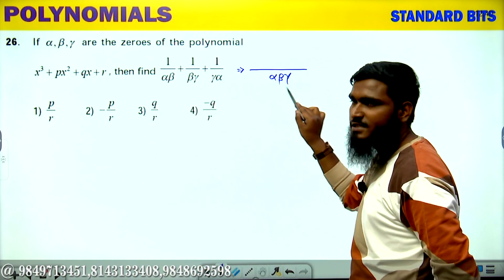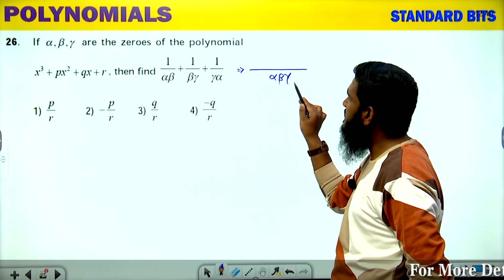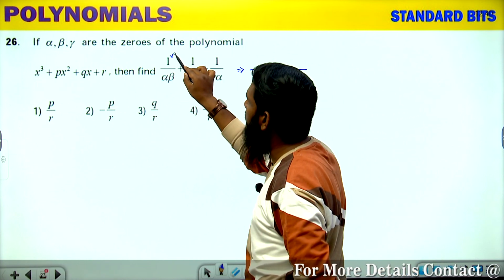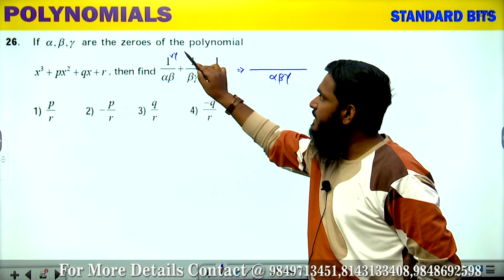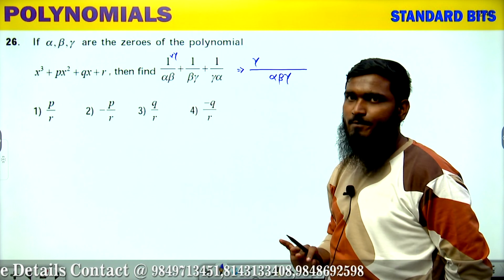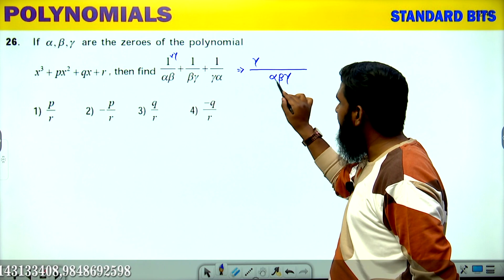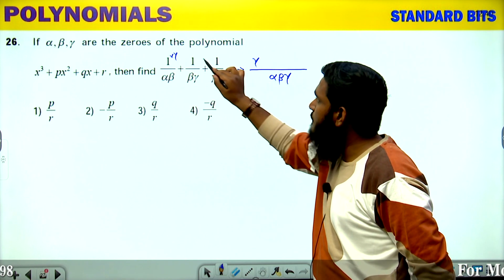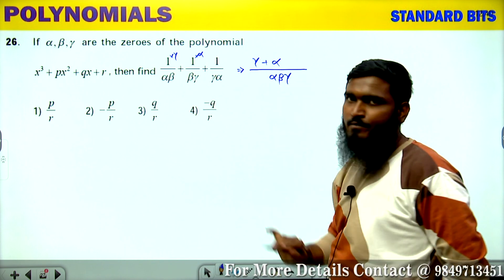Let us compare with the LCM. Alpha beta gets cancelled. What is left? Gamma. This gamma we have to multiply with the numerator. Into gamma I have taken. Now next, second part. 1 into gamma means gamma. Now second denominator, beta gamma gets cancelled. What is left? Alpha. So alpha into 1 means alpha. This part we have taken.